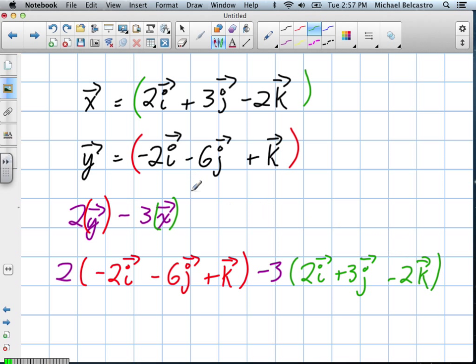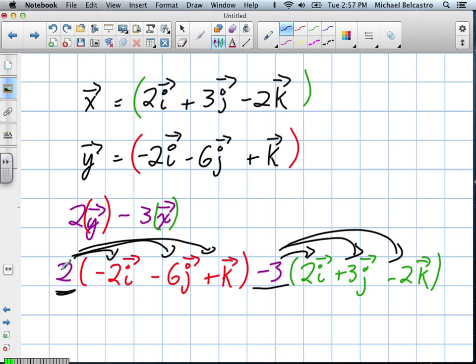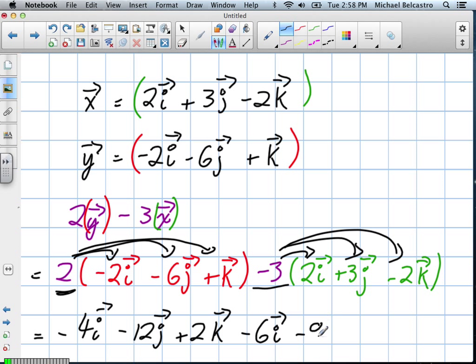What these rules are saying, this is kind of an all-encompassing question, is we just need to distribute and collect like terms. So I'm going to distribute this 2 to all of the values inside the brackets, and the negative 3. Very similar to much earlier math we've done. So 2 times negative 2 gives negative 4i, negative 12 vector j. These are vectors, so I have to keep the arrow on top. Plus 2 vector k. And the negative 3 gives us negative 6 vector i, minus 9 vector j, plus 6 vector k.